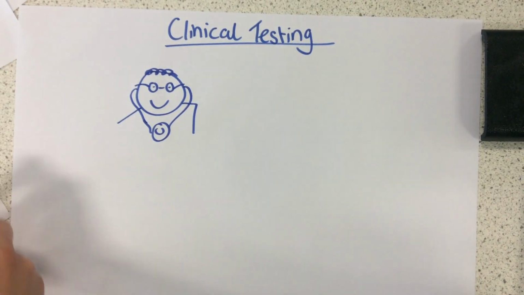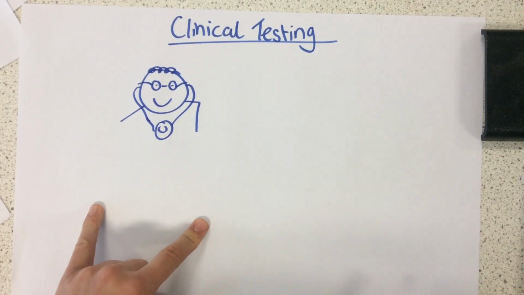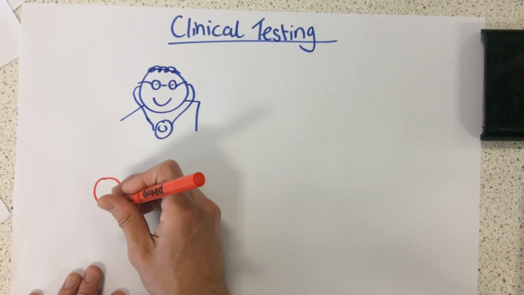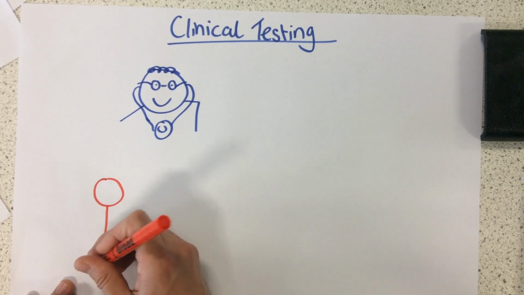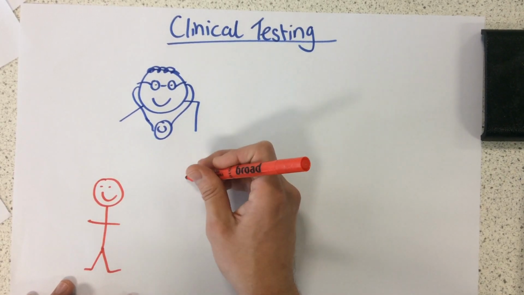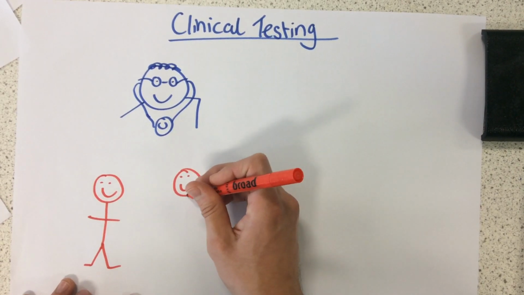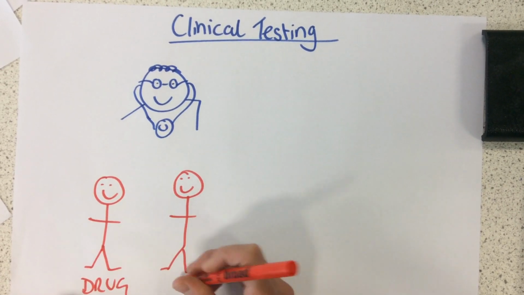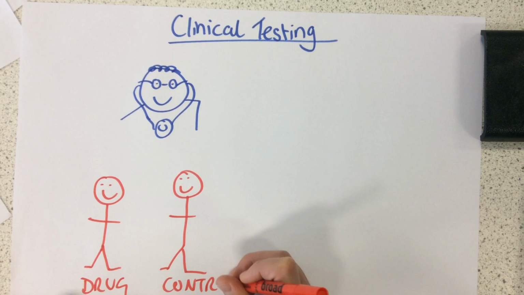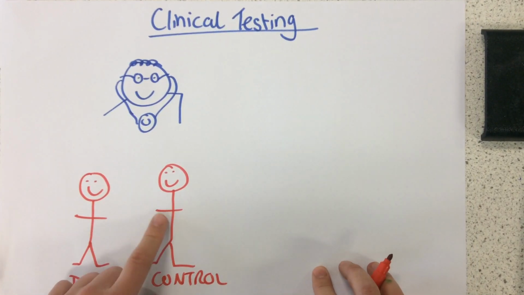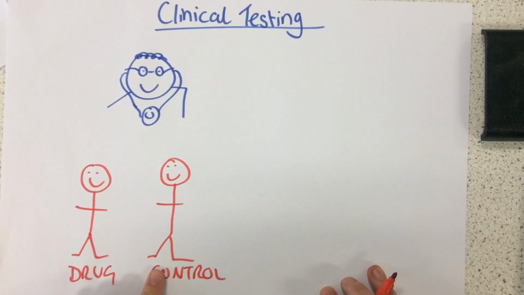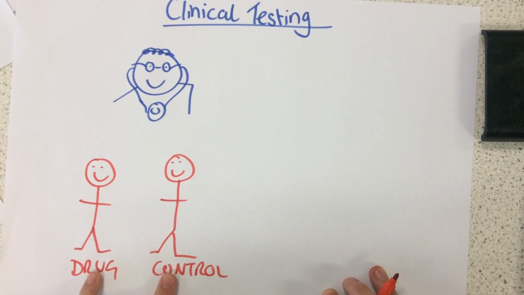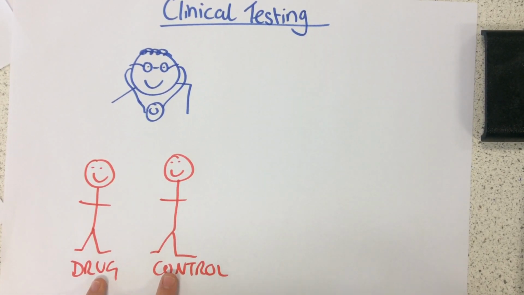So you've got two different volunteers because basically the idea is you want to see if this drug works. So you're going to give the drug to one person, and the other person is in a control group. So the point of a control group is to see if there's any difference between the drug group and the control group to make sure the drug's doing something.